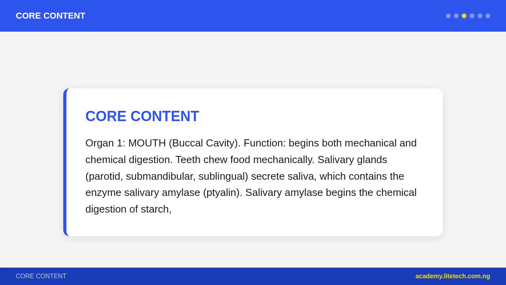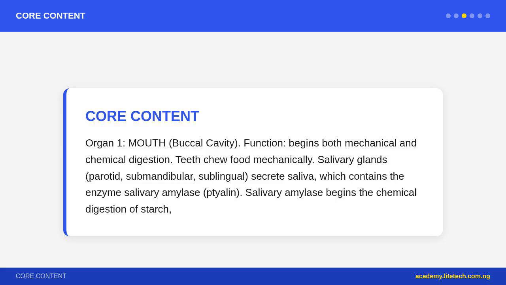Bile emulsifies fats; it breaks large fat droplets into smaller ones, not chemical, but makes chemical digestion easier. Pancreatic juice from the pancreas enters the duodenum through the pancreatic duct. Pancreatic juice contains pancreatic amylase, which digests starch to maltose; pancreatic lipase, which digests fats/lipids to fatty acids and glycerol; trypsin and chymotrypsin, which digest proteins/polypeptides to amino acids.